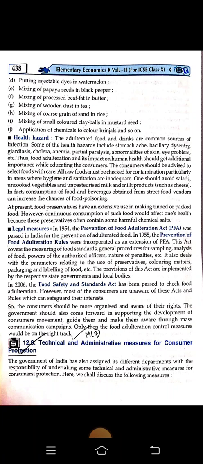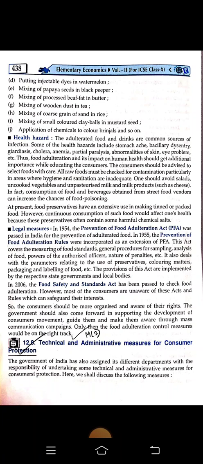Thus, food adulteration and its impact on human health should get additional importance while educating the consumer. The consumer should be advised to select food with care. All raw foods must be checked for contamination, particularly in areas where hygiene and sanitation are inadequate.